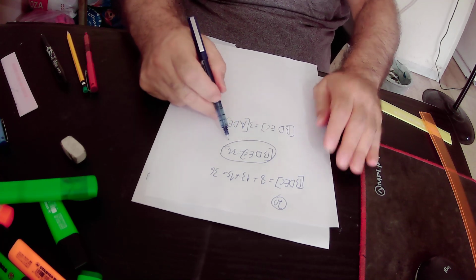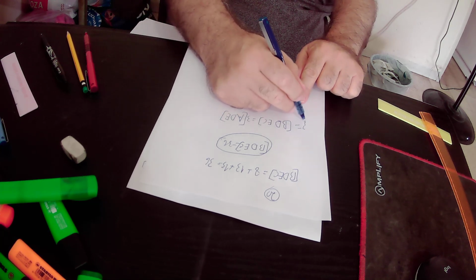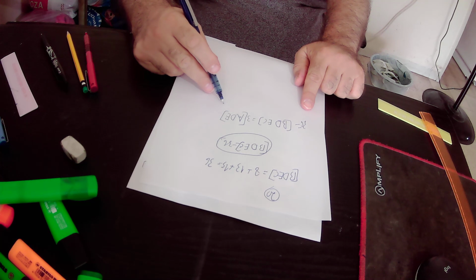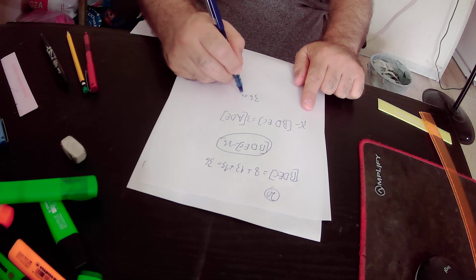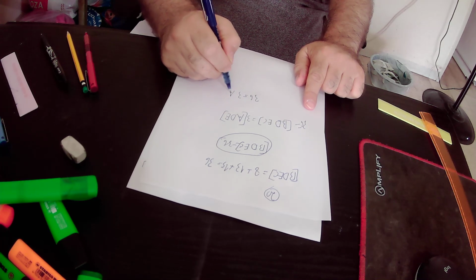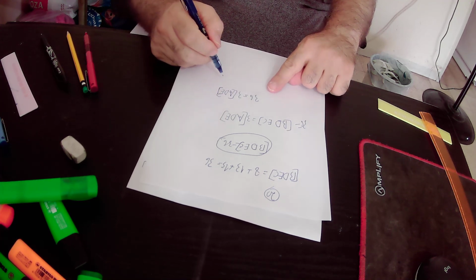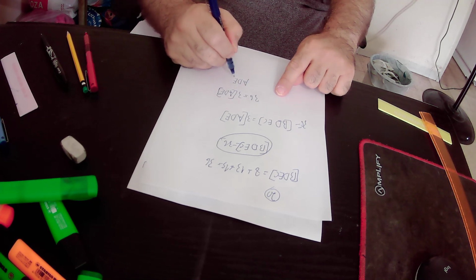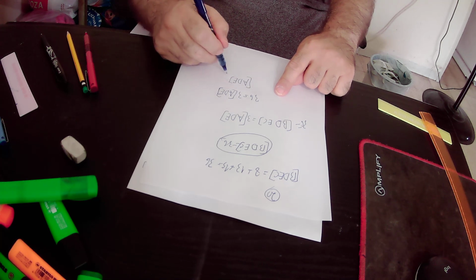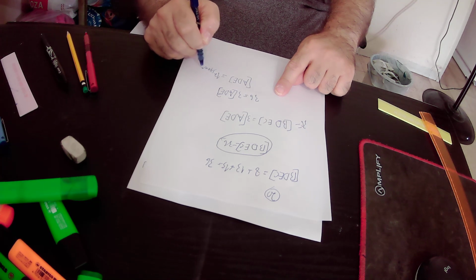And we know that the area of quadrilateral BDEC equals 36 square units. So from this equality, we can write that 36 square units equals 3 times the area of triangle ADE. Here we can divide this equality by 3 and we find that the area of triangle ADE equals 36 over 3, that is 12 square units.